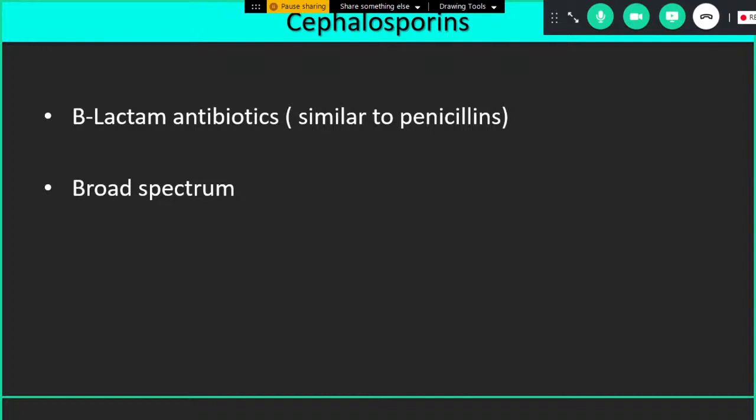They are broad spectrum, but we'll discuss the spectrum more in a later class, because it differs from the first generation to the fifth generation. Broadly speaking, most of the first generation will have a spectrum very similar to penicillins.